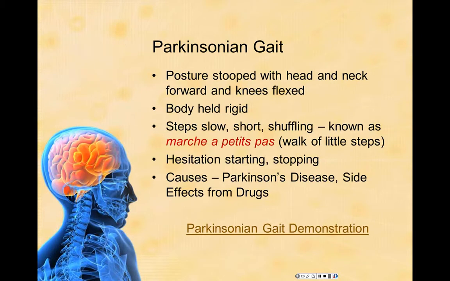Their body's kind of held rigid, and they have slow, shuffling, short steps, and it's called marche à petit pas, or walk of the little steps. They're hesitating, starting and stopping, and you can see this from other things besides Parkinson's, such as some types of drugs which cause Parkinson-like symptoms.